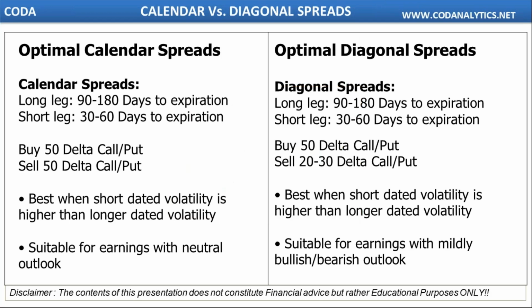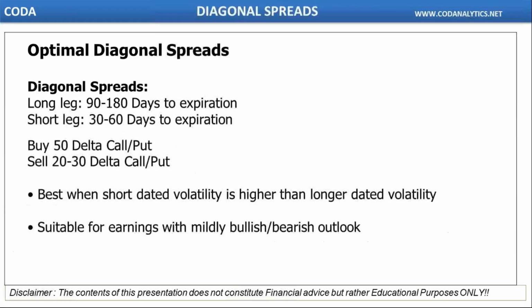Yes, it's the same. Remember what you said here. Optimal diagonal spreads: for both of them, you're looking at the long leg to be at least 90 to 180 days, and the short leg to be at least 30 to 60 days.